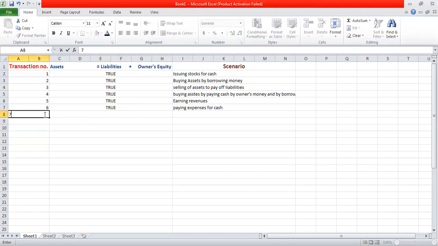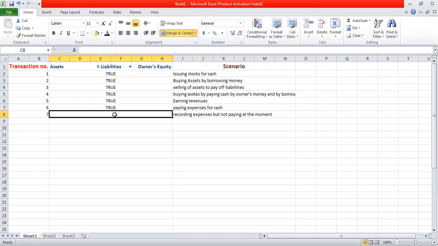Scenario number 7, recording expenses but not paying at the moment. It means you are recording the expenses but not paying cash at that moment.